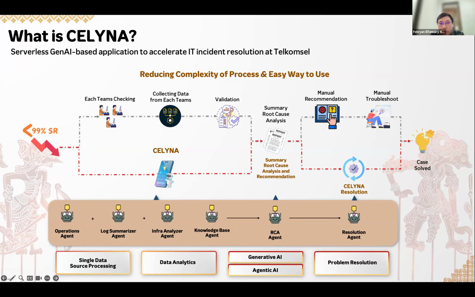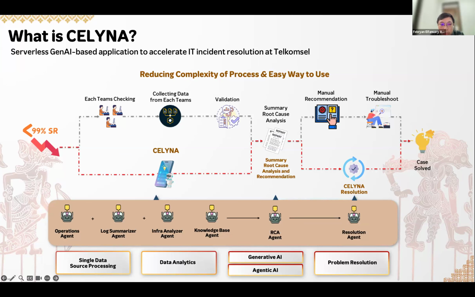The operation team will ask each team to check their system based on the findings and to validate them. But the cycle continues until the operation team finds the real root cause. After that, the resolution recommendations come from the relevant teams, and they perform the fix until finally the incident is resolved.